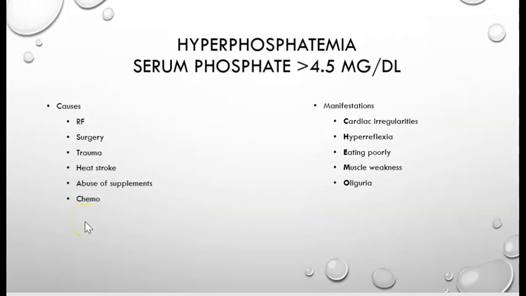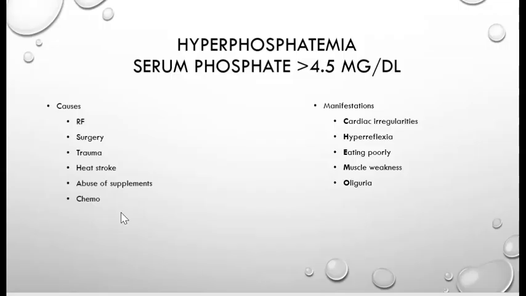So lastly, we're going to be talking about hyperphosphatemia, and that's going to be your high phosphate levels of greater than 4.5. And this can be due to impaired excretion, excessive intake, and a shift from the ICF to the ECF.